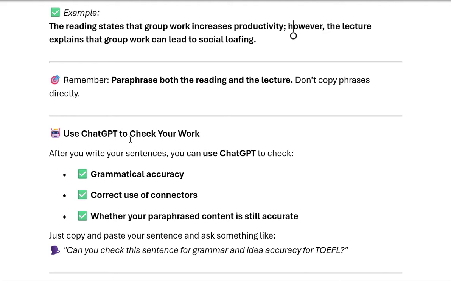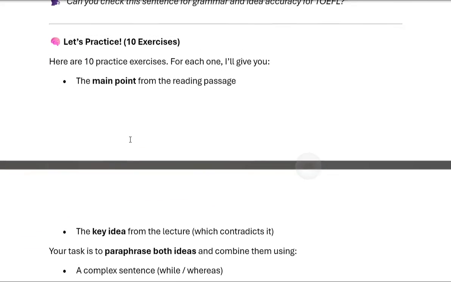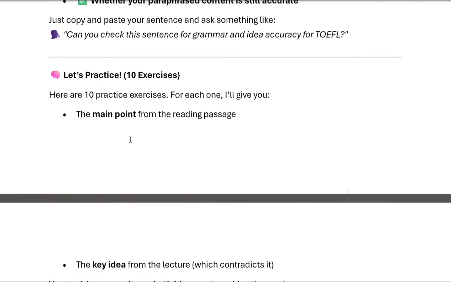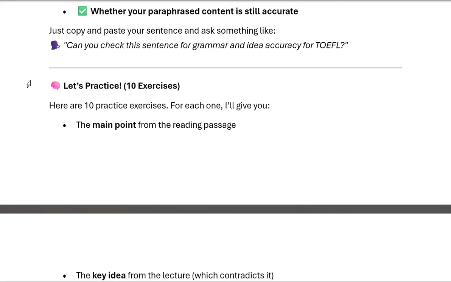All right, so here we go. Are you ready for practice? I'm going to show you three exercises at a time. I recommend that you pause the video and actually combine the sentences using a complex sentence, using a compound sentence, and then using separate sentences. You have 10 exercises.